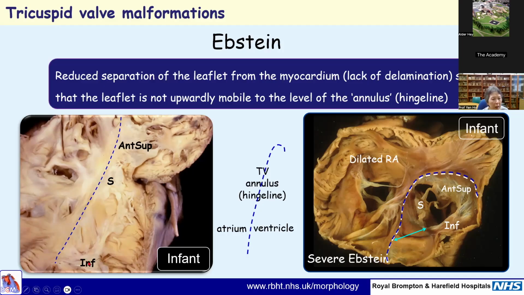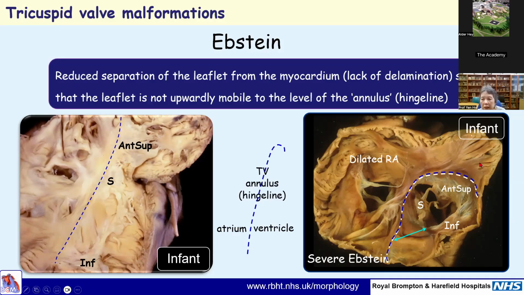And this is part of the inferior leaflet. Part of it is lifted up, but part of it has not lifted up, so-called stuck down. The area affected in Epstein malformation is usually the septal leaflet part and the commissure region with the inferior leaflet.